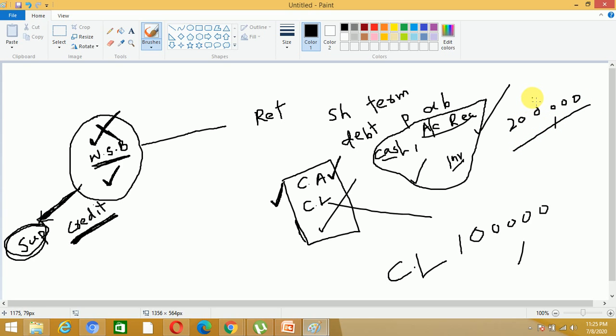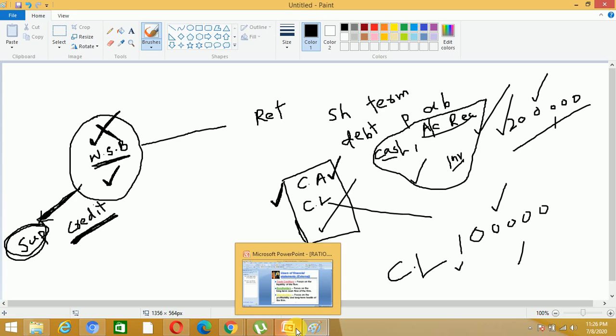So 2 lakh are your current assets and 1 lakh is current liability. This shows that you can easily pay this current liability with your current assets. Here, I'm not going into detail.